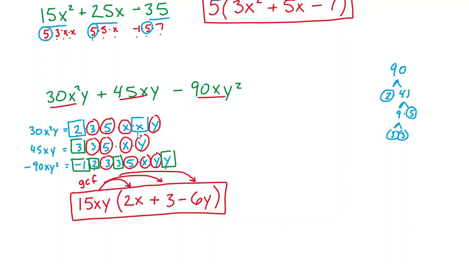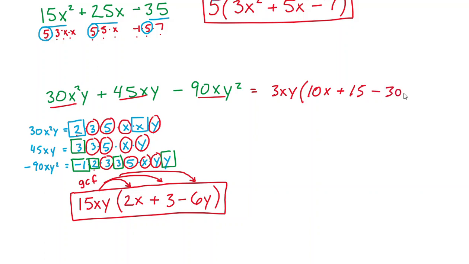If I just go for the quick and easy one, let's say that I looked at this and said, oh, I can tell for sure they all have an x and a y and a 3 in common. Right? 3xy. Really easy to do that. If I had done that, then I would have been correct to say that it's 10x plus, let's see, if I take out the 3 there, what is that, 15 minus 30y.